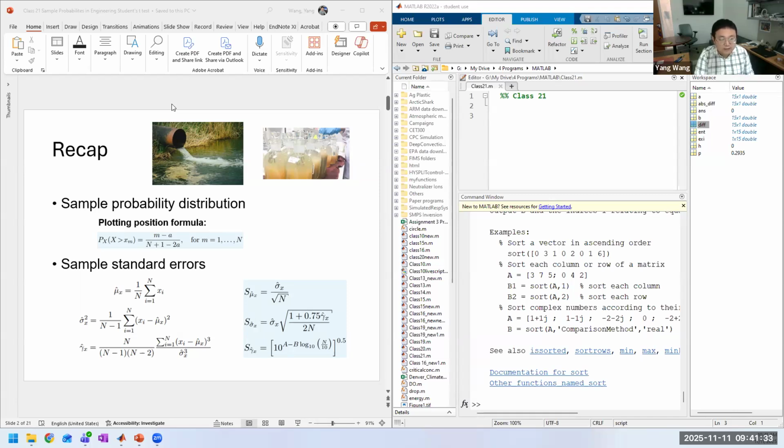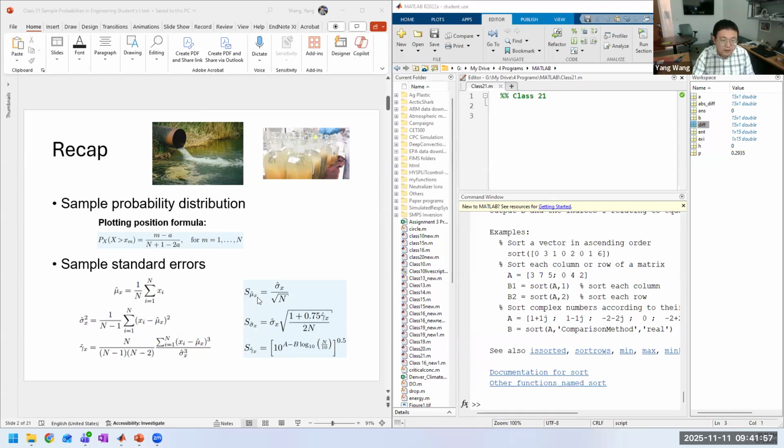And further, we showed that when we collect samples from a population, due to the limited number of samples, there are always errors associated with our calculation of the mean, the variance, and also the skewness, right? So we said that the standard error can be reduced by taking more samples from the system.